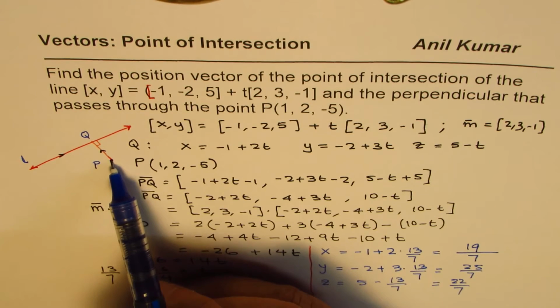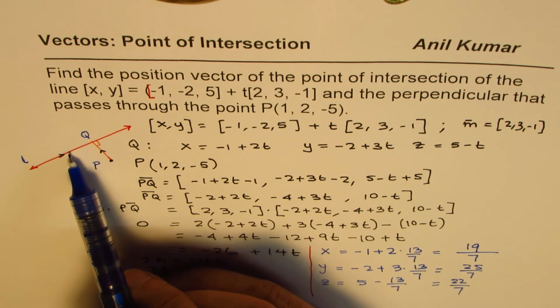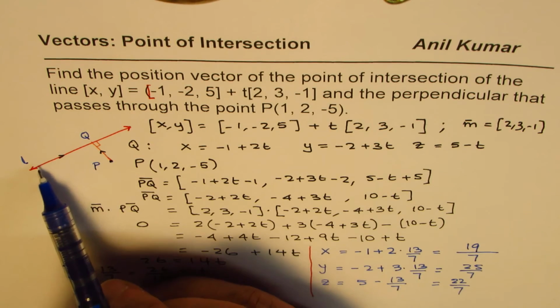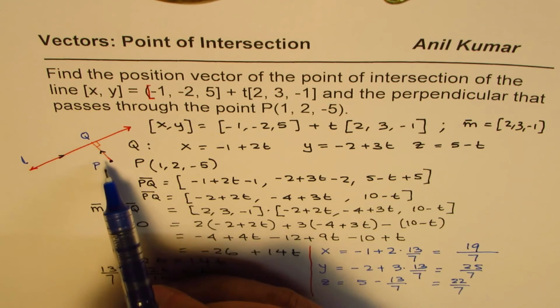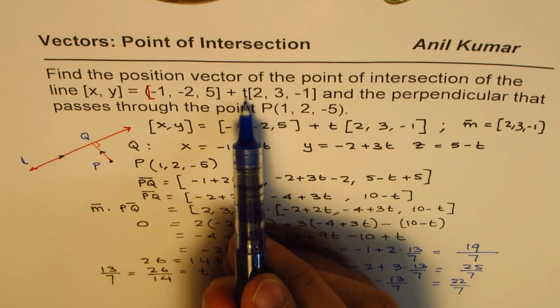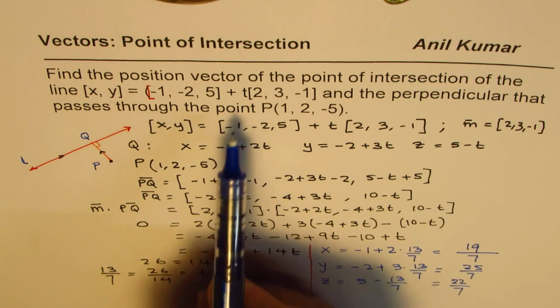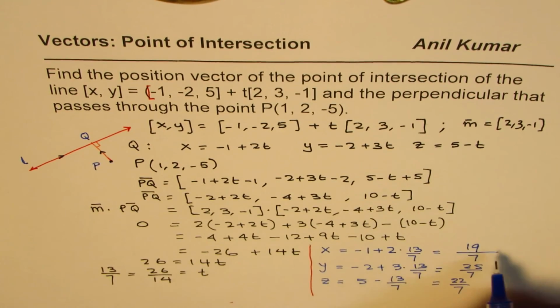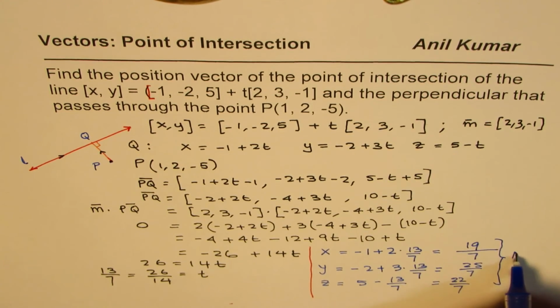We need to find the point of intersection of a line which is perpendicular to this line and also passes through the external point. Since we know the direction of the line and the direction of PQ, their dot product is 0. That helps us figure out the parameter. Once we find the parameter, we can find that point, and that is how we get our answer.